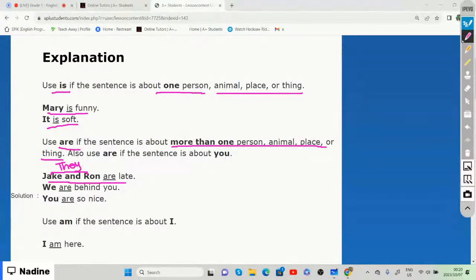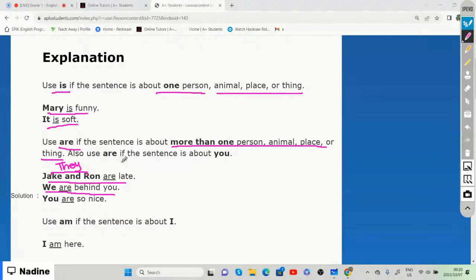We are behind you. We refers to more than one person. We can be Sarah and Anna, right? Instead of saying Sarah and Anna, you can just say we are behind you.